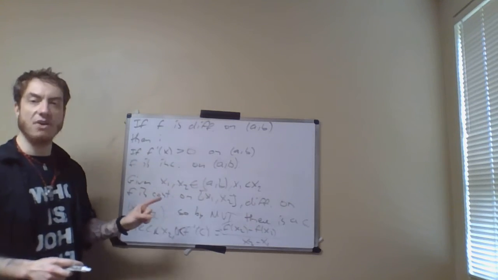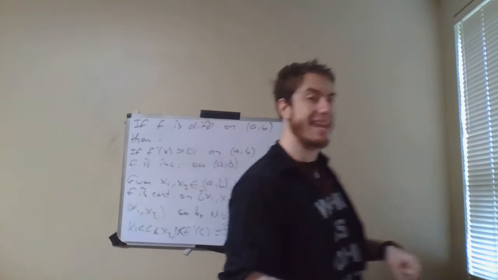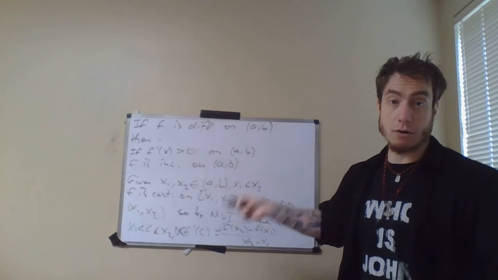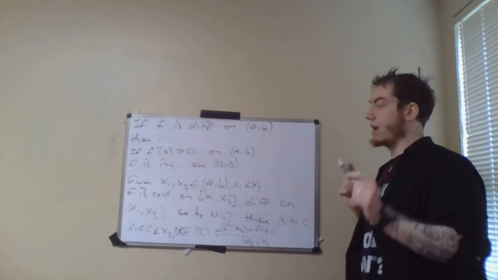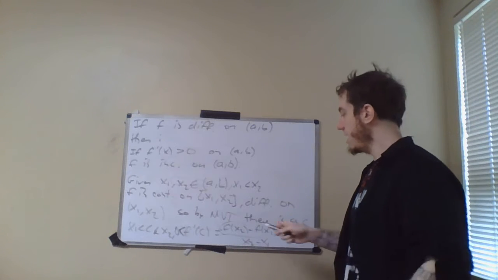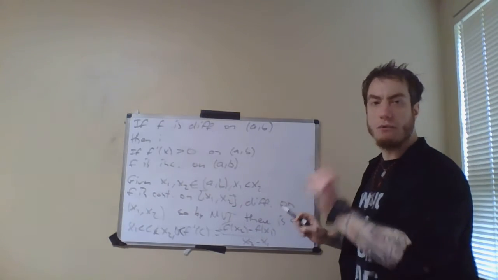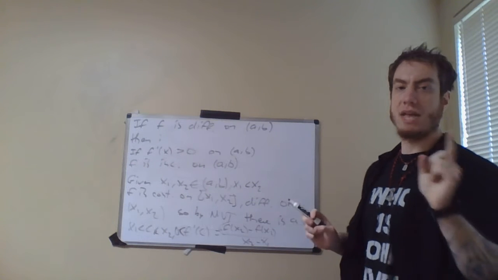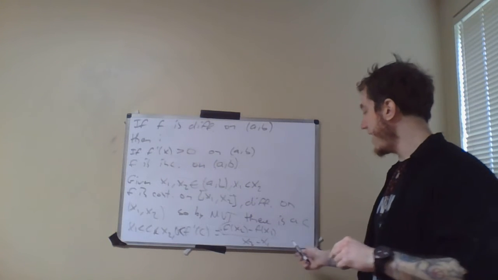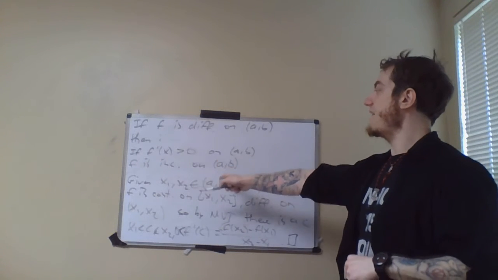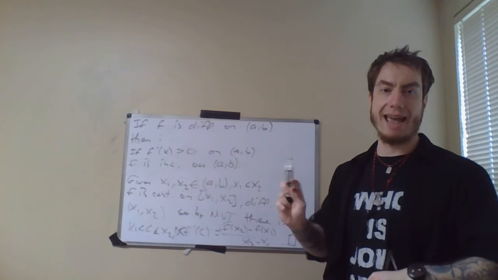But we didn't specify x1 or x2. We just said take any 2 points in there. The only condition was that x1 be smaller than x2. So for any 2 points that I pick, f of x2 is bigger than f of x1, and that finishes off my proof. It proves that f is actually increasing on a to b.